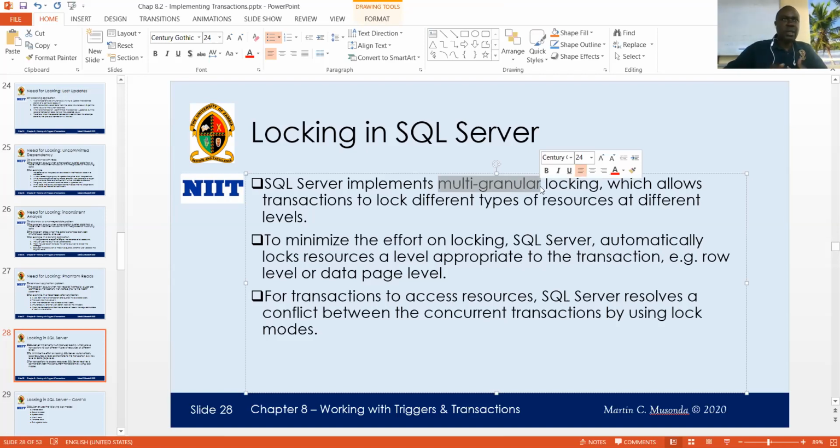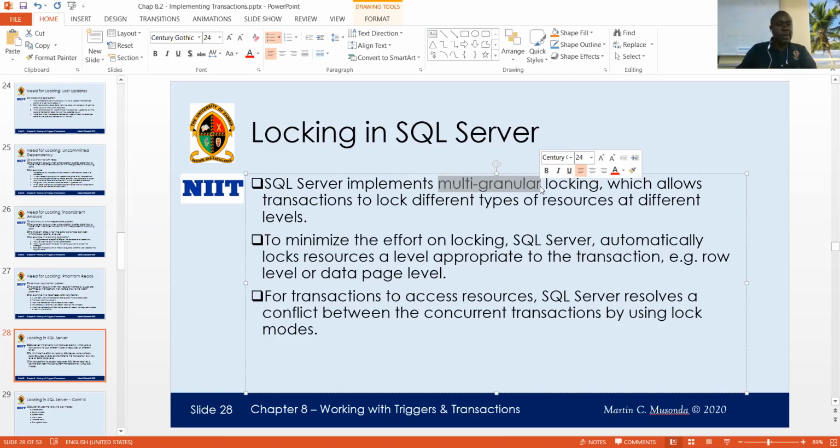This term is taken from grain. In other words, SQL Server implements a very refined type of locking mechanism. It's not just locking at the database level, but you can lock at table level. You can also lock at the level of the rows, records, or individual field or data.